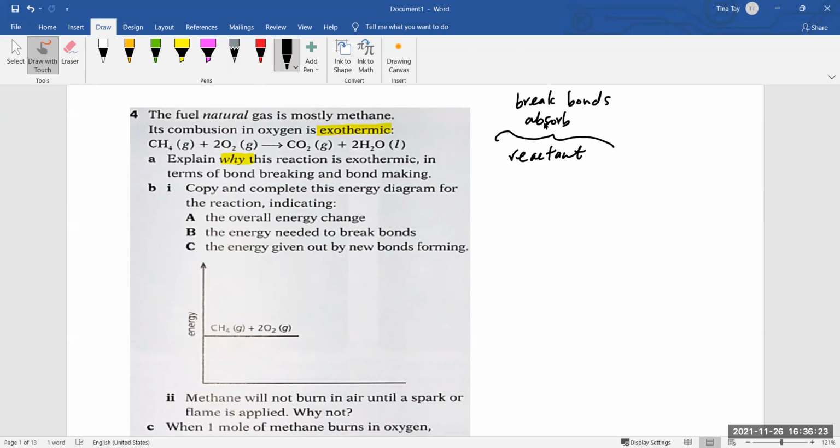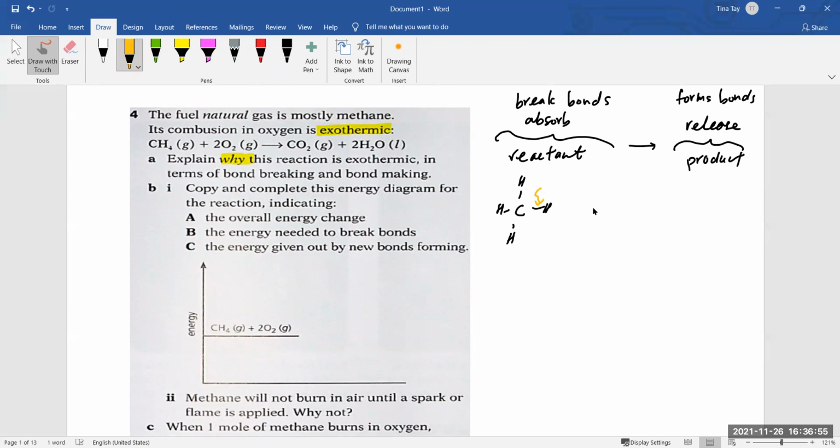So this front part is absorb heat, and then it becomes the product. When it becomes the product, it forms bonds. When it forms bonds, it releases heat. Okay? So breaking bonds, because there is a bond, in order to break this bond, this molecule must absorb the heat, then only the bond can be broken.